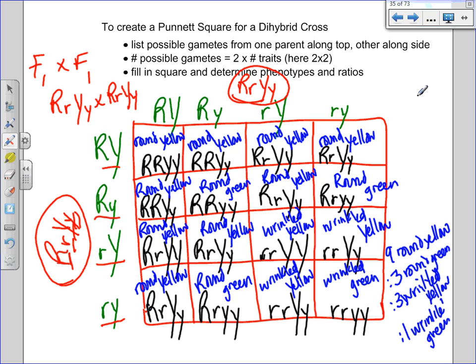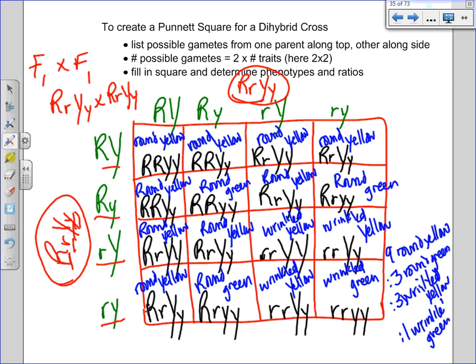Then you fill in your square. This time they're not all different, but there are many different genotypes. When you fill it all in, it's easiest to write your phenotype in the boxes too, and then count them up.